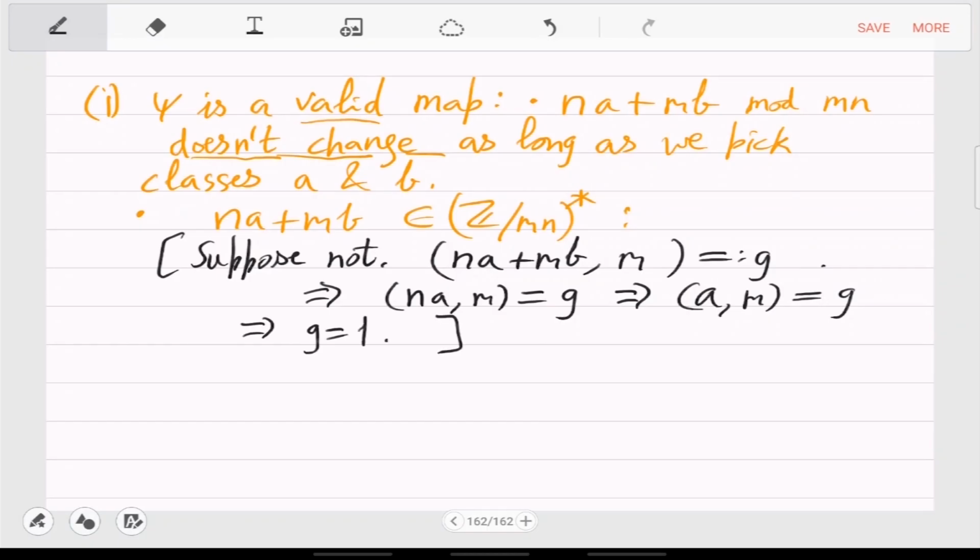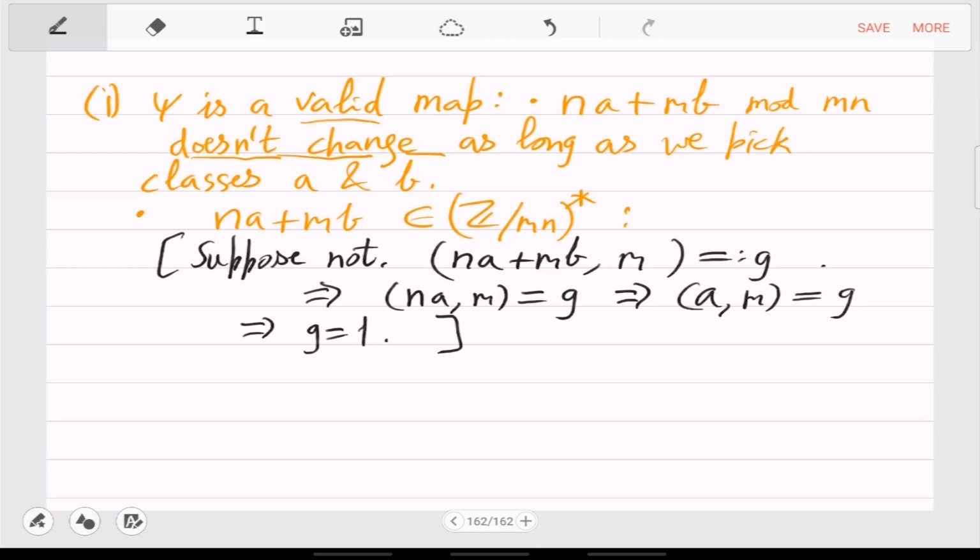That's the thing. So you can do the symmetric case with N also, and then you can club and get Mn. So ultimately, Na plus Mb is co-prime to Mn. Is that clear? So hence, the definition works. I mean, the definition is valid.